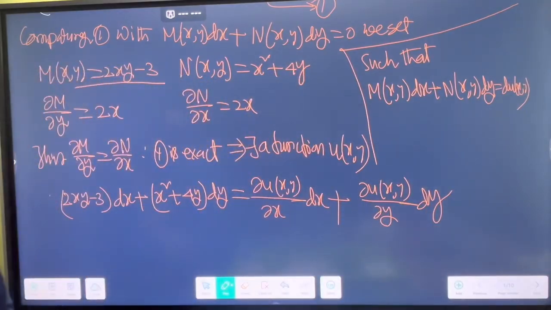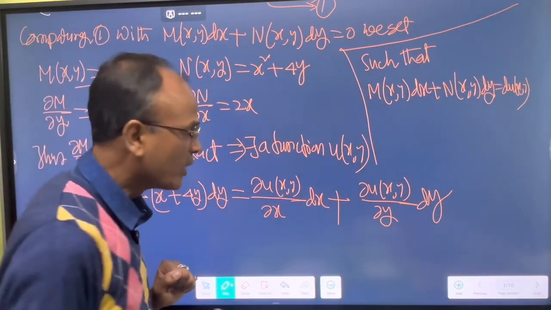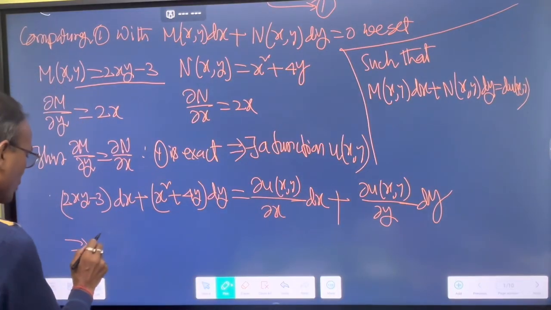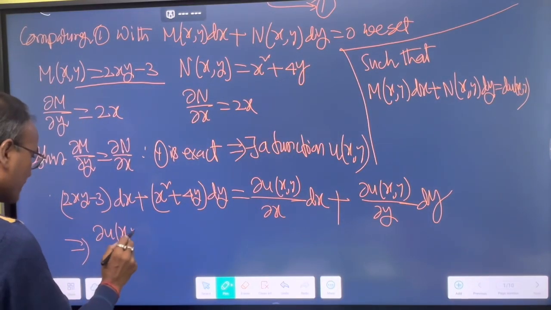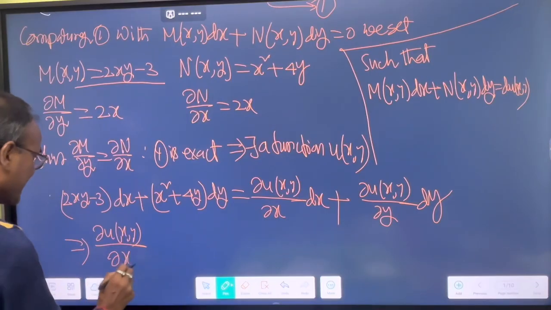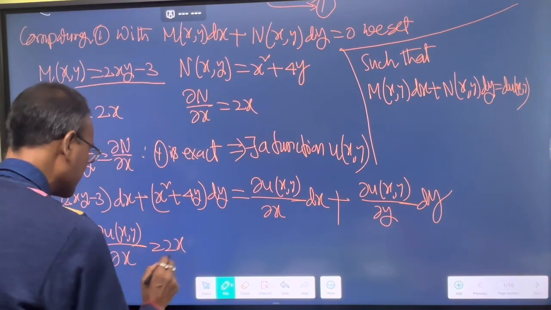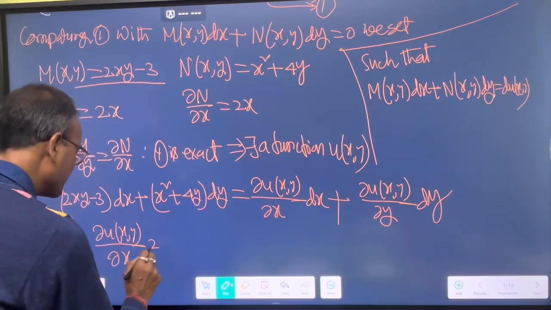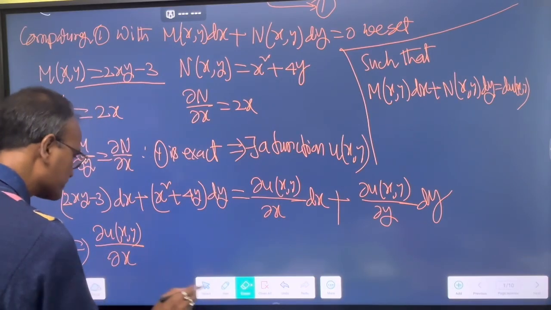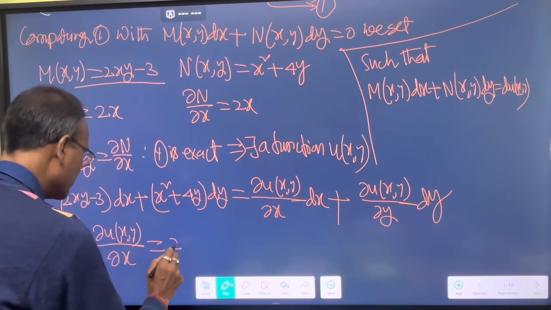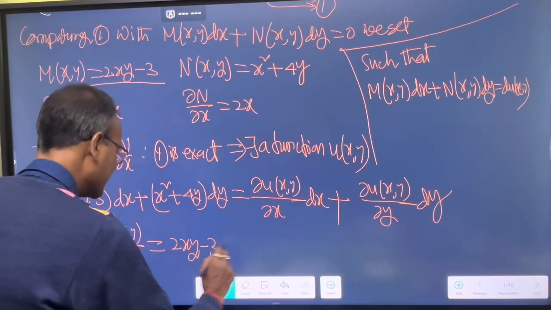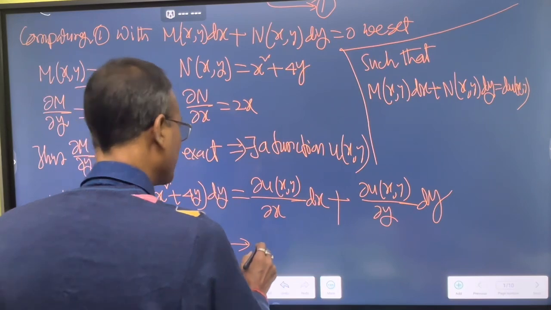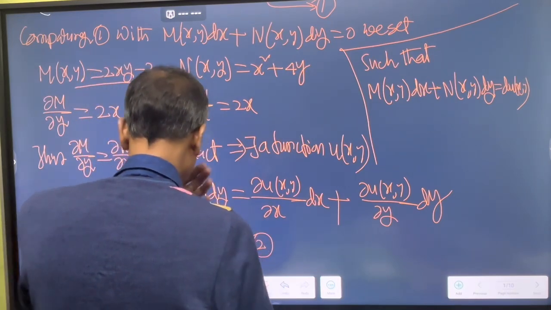This means del u by del x equal to twice xy minus 3, suppose this is number 2.